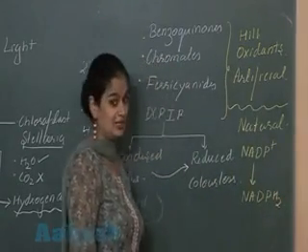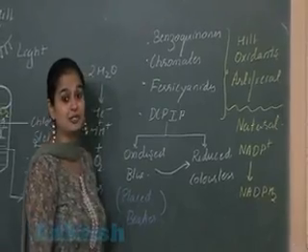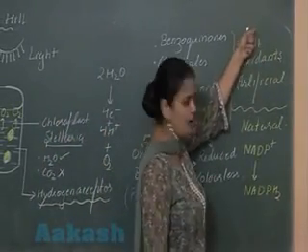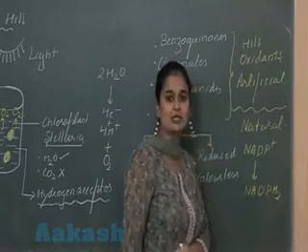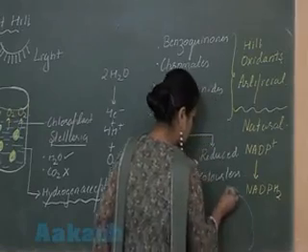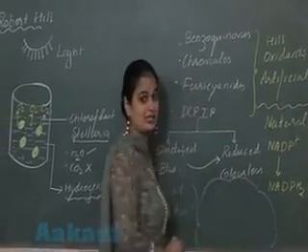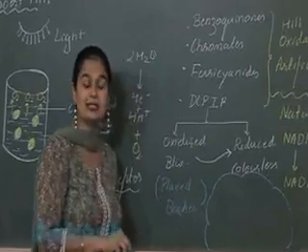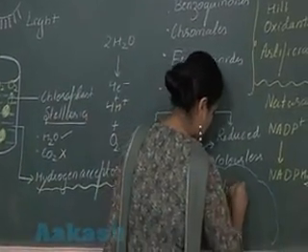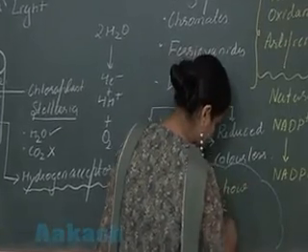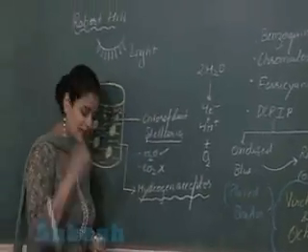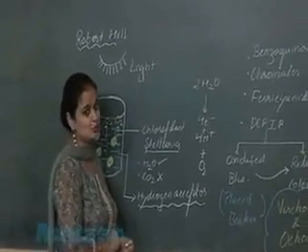So these are the artificial Hill oxidants. This is the natural Hill oxidant present in the chloroplast, and you have to keep this in mind that this natural Hill oxidant was not discovered by the scientist Hill, it was discovered by the two scientists, that is Virchow and Ochoa.